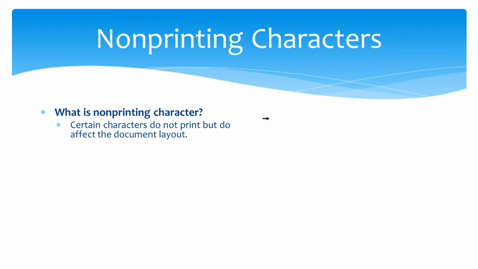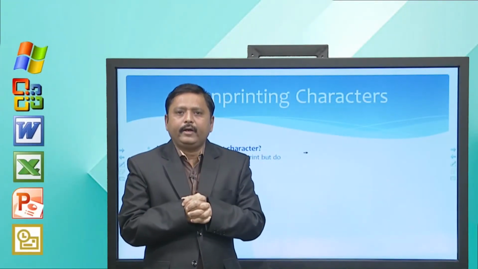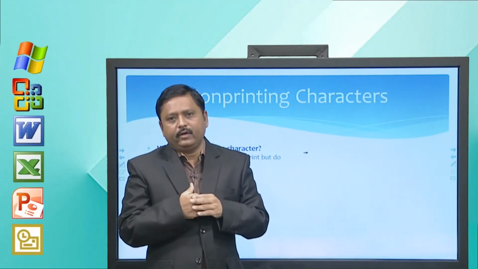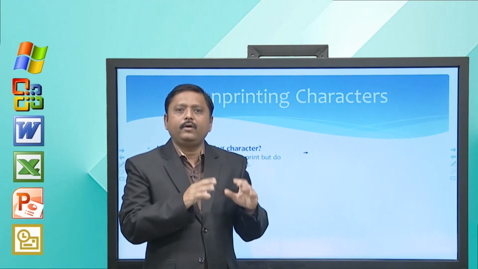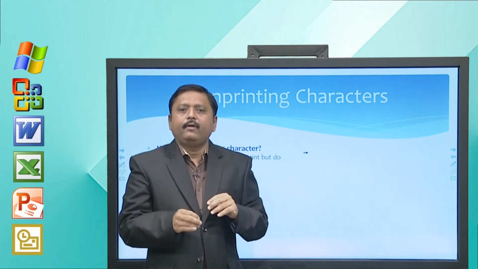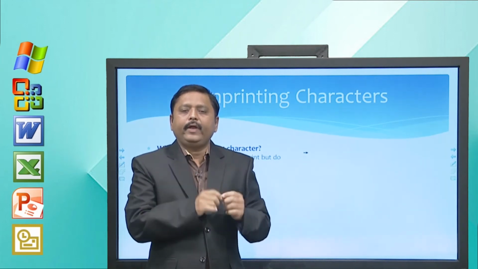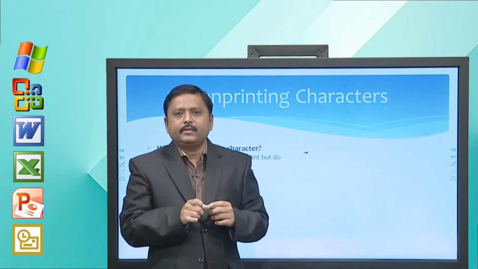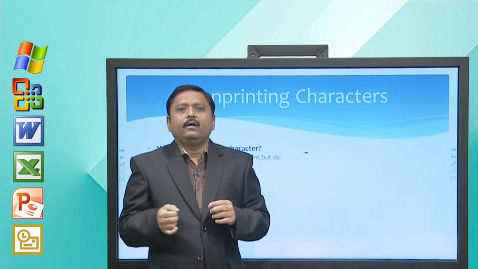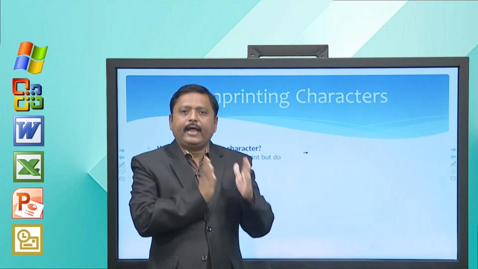So, now what is a non-printing character? Certain characters do not print, but do affect the document layout. You might use many non-printing characters, but you might not know that this is known as a non-printing character. For example, when I press tab, it will move my cursor certain characters far depending on tab size.